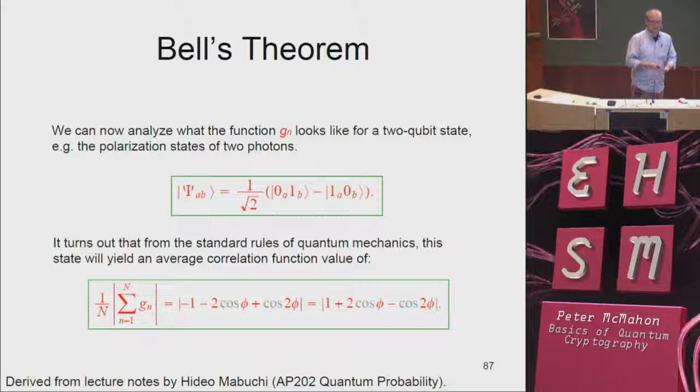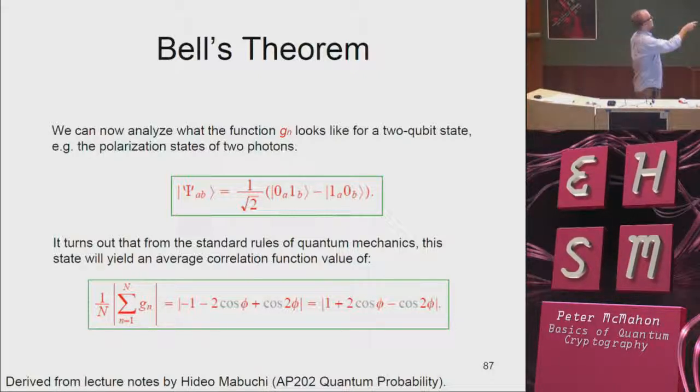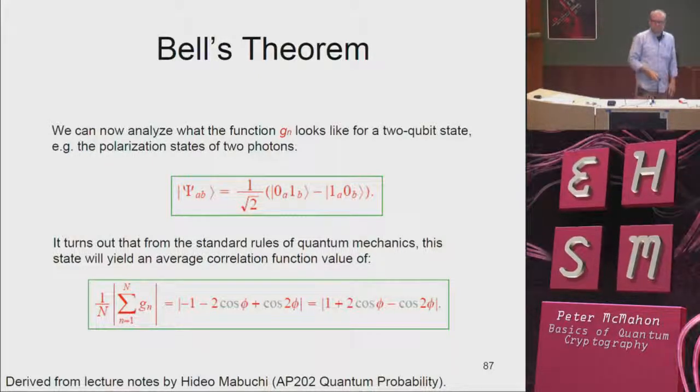So it's not just H and V and D and A, but H and V and then some basis that's offset from H and V by an angle theta. And this is the expression that you get for the value of the average of g.